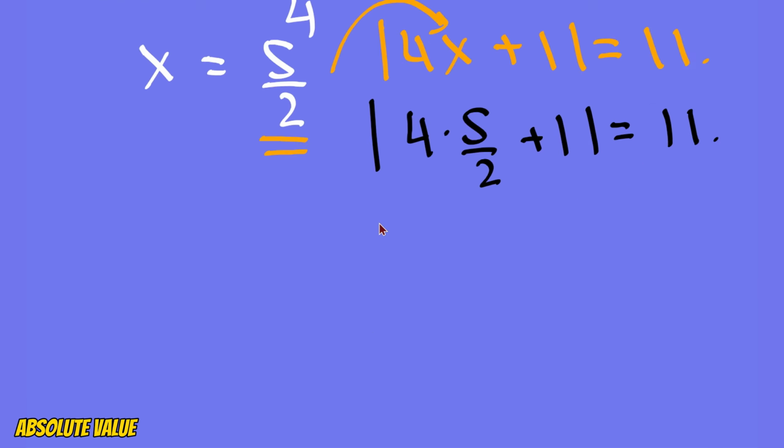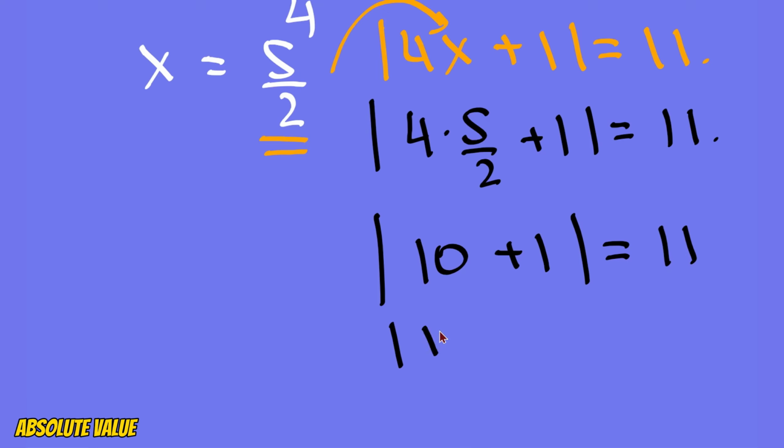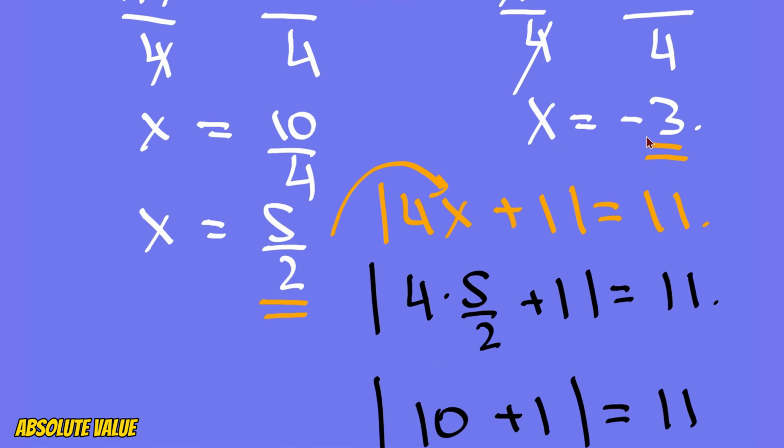It's going to be basically 10 plus 1, and it's going to be equal to 11. And so it's the absolute value of 11 to be equal to 11. And that's the right answer because the absolute value of 11 equals to 11, right? So that's it.